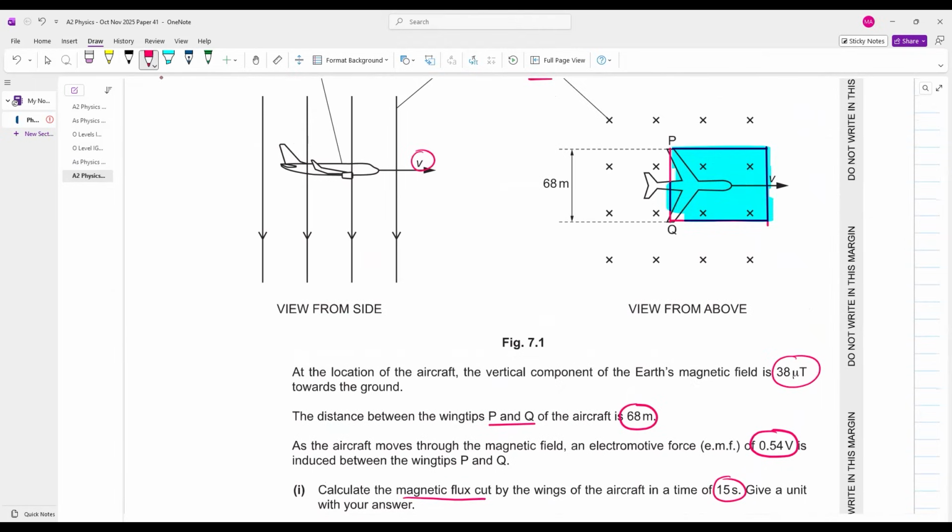You have the length, that is 68. How will you calculate this breadth? Velocity v multiplied by time t.